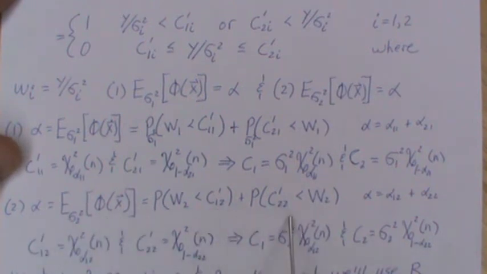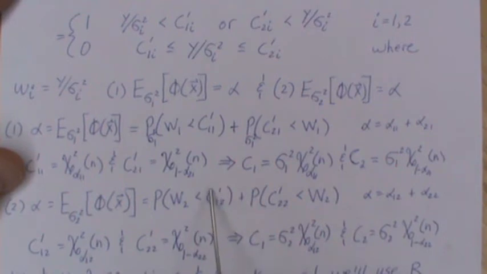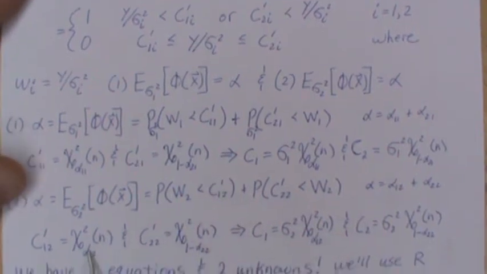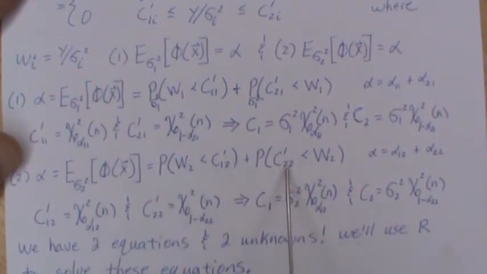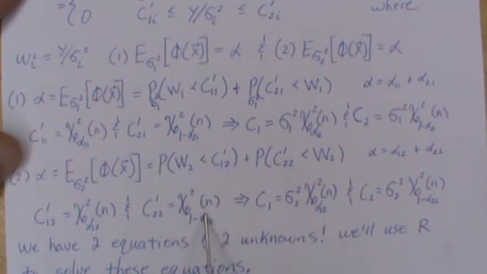So the second equation is alpha is equal to the expected value of this test function, which is this. Now we let alpha equal alpha 1,2 plus alpha 2,2. And the second 2 means we're assuming that sigma 2 squared is the correct value. So that means that the constants are determined, right? They have to equal that cutoff value that makes this alpha 1,2. And then this C2 prime has to equal the chi-squared value that makes that right tail alpha 2,2.